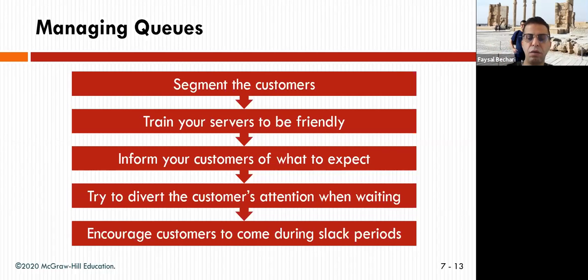Sometimes you walk into restaurants and find TVs that make you wait more. Also encourage customers to come during the lower times. So you segment the customers and train your servers to be friendly.